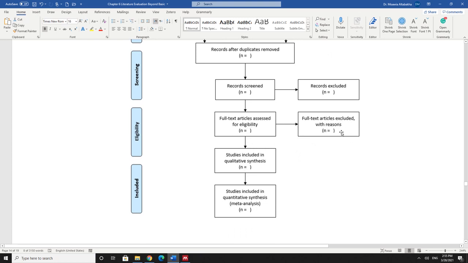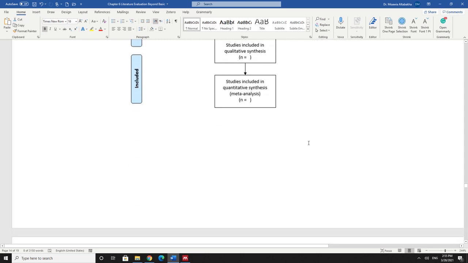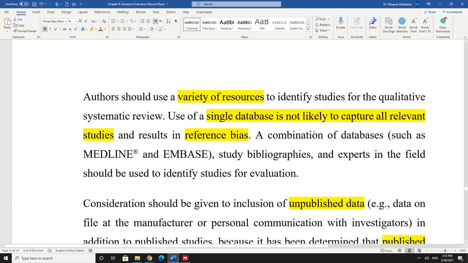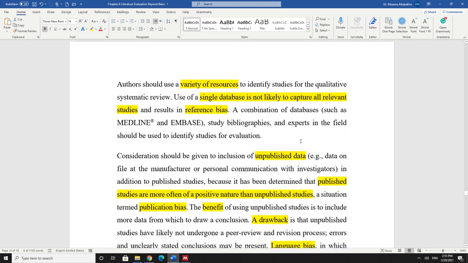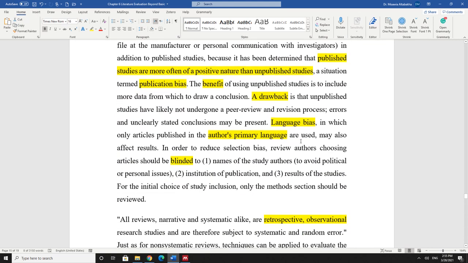Why did you remove these articles even though they passed, meaning the method used was okay? Why after reading the full article did you decide to remove some? So you need to state these reasons. Okay, this is how you do systematic reviews.